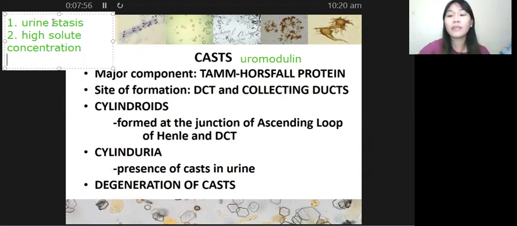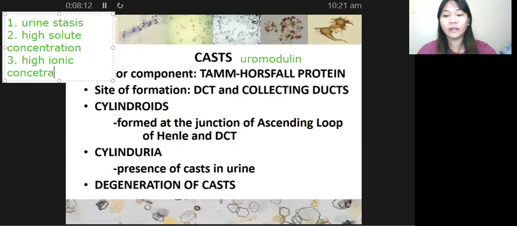Another thing that we have to consider is high ionic concentration, which will also promote cast formation.